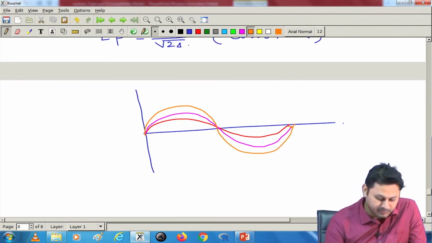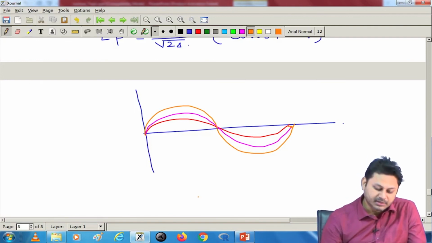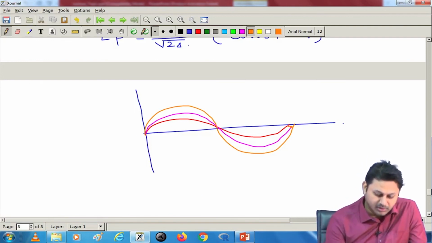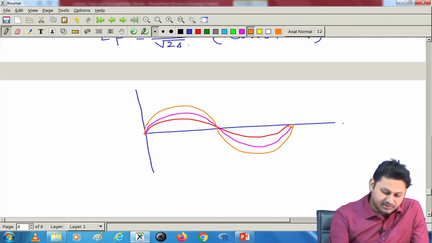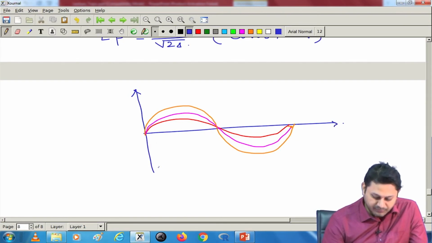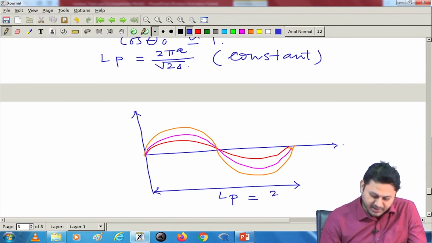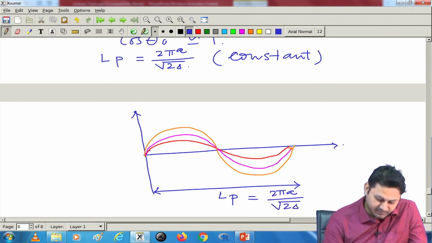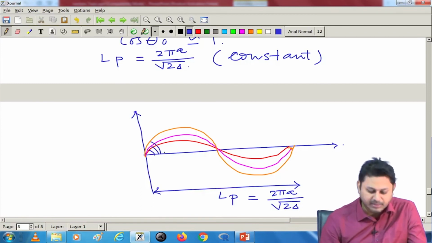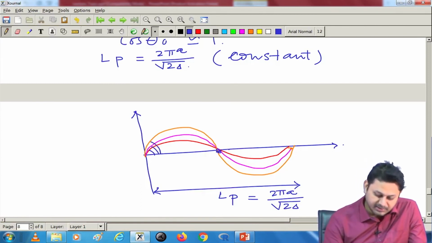According to my drawing, it does not look very small, but if it is small, then we find the extra information that LP for all the rays is constant, and its value depends only on the fiber parameters, delta and A. It does not depend on what angle I am launching. In all cases, it will meet here and meet here.